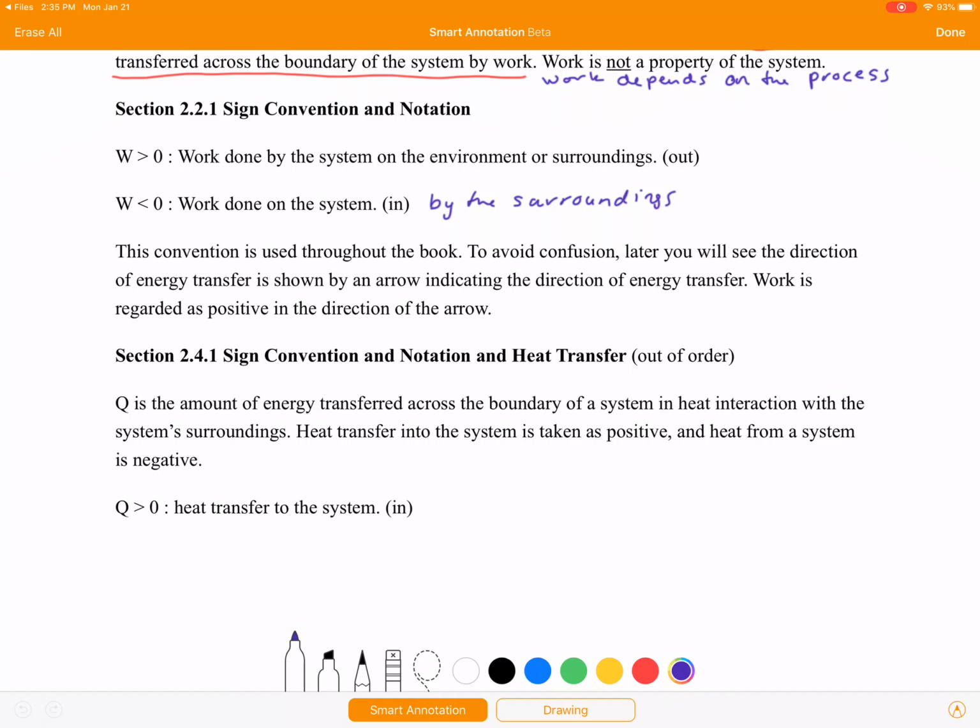So heat transfer into the system is taken as positive, and heat from the system is taken as negative. So we have here, it's on the next page, but I'll just write it here too. A positive Q is heat transfer in, and a negative Q is heat transfer from the system.